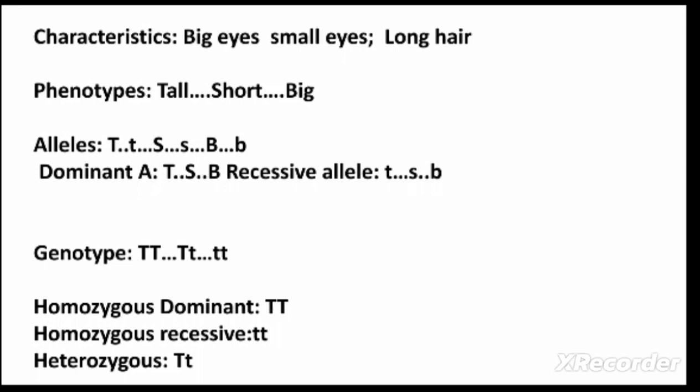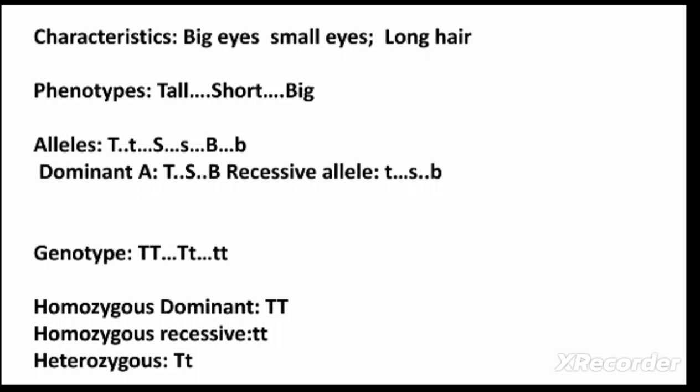So for tall, T can represent tall, S can represent short, and B can represent big, right? They will tell you in the statement that being tall is controlled by allele T, and then they'll ask you, what is the allele for being tall? That is T. They will tell you that being short is controlled by an allele S. What is the allele of short?